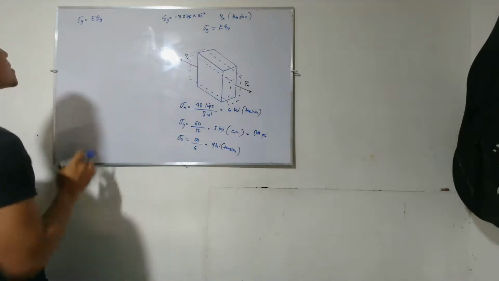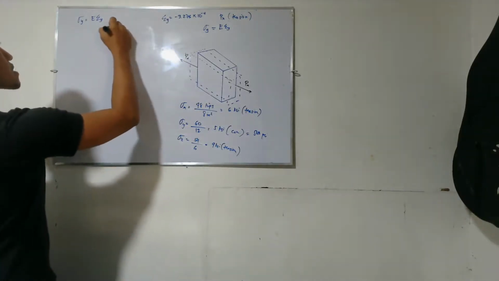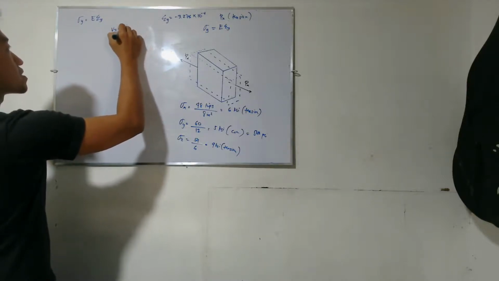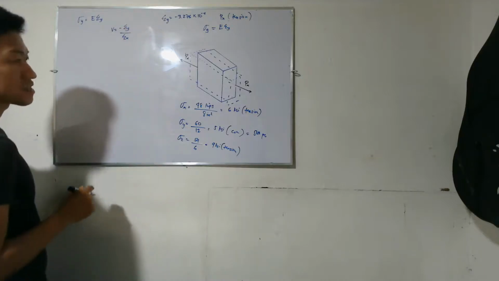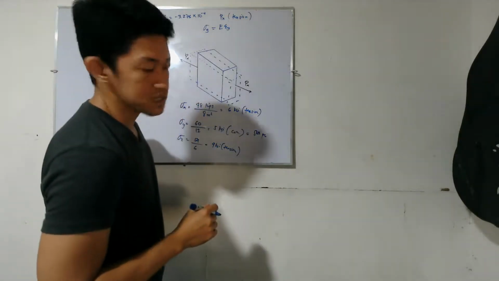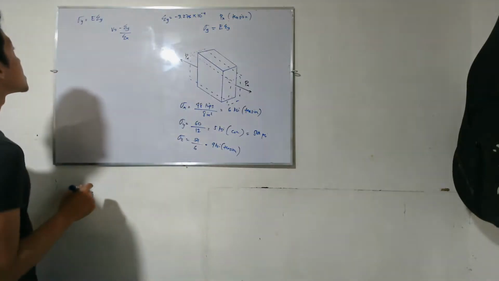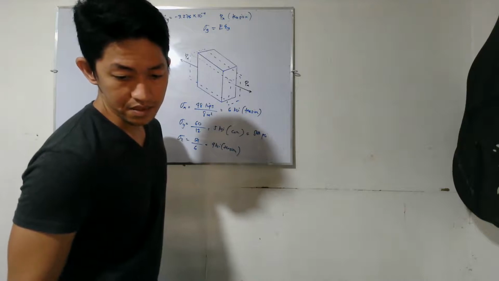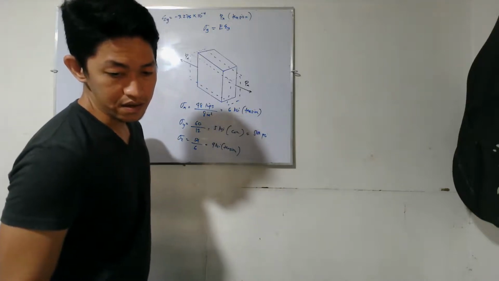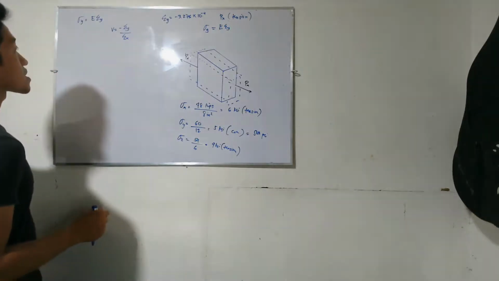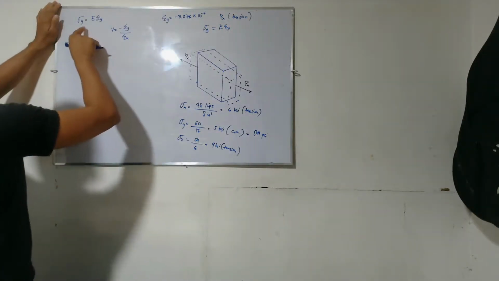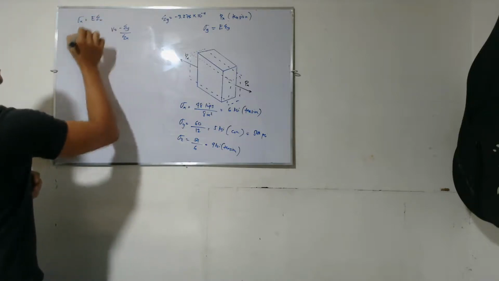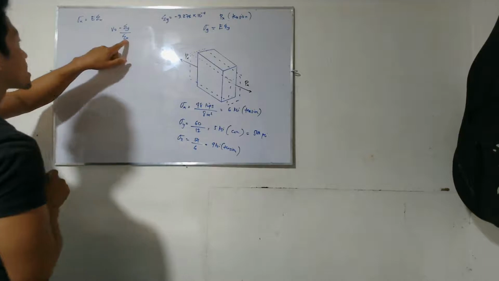But according to the Poisson's ratio, V is negative strain in Y over strain in X. We will use this so that it cancels out.